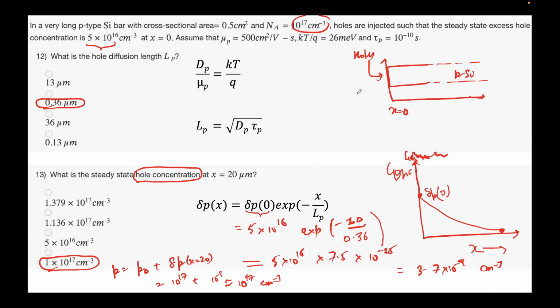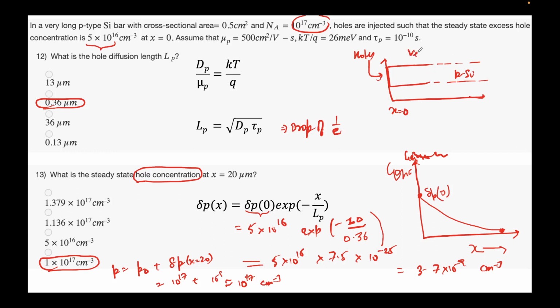So what it means is that, let's say you go to 10 times the length of the diffusion length. In one diffusion length, you are dropping by 1 by e, right? A drop of 1 by e. So anything which is longer than 10 times the diffusion length, you'll define as long.